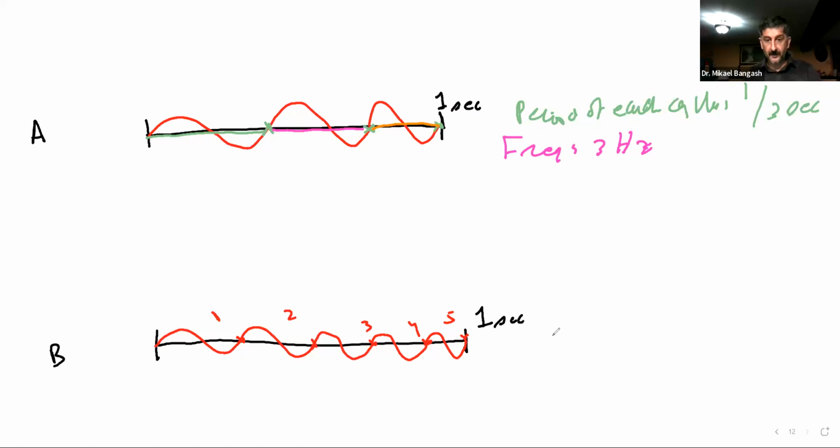So based on that, since there are 5 cycles completed in a second, our frequency will be 5 hertz. Did you guys get that?